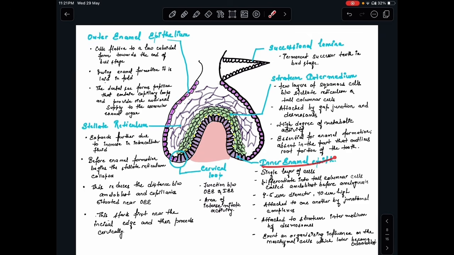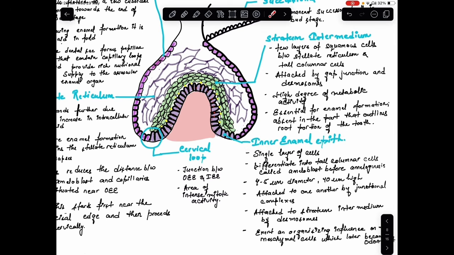Now, in the enamel epithelium, what changes are shown in this stage? It is a single layer of cells. It will differentiate into tall columnar cells before amelogenesis. So before amelogenesis, it will form tall columnar cells called ameloblasts, which are 4 to 5 micrometers in diameter and 40 micrometers in height, attached to one another through junctional complexes.